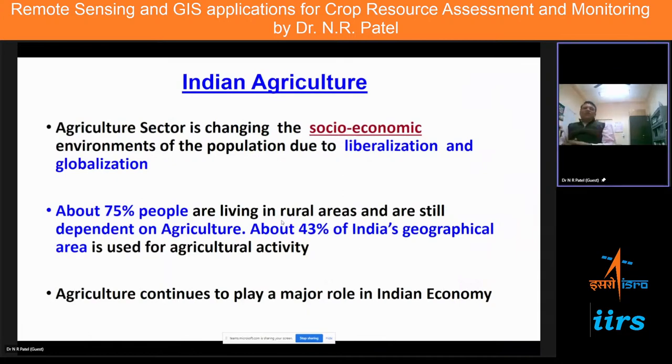So overall, about 75% of people live in rural areas and are still dependent on agriculture. 43% of the Indian geographical area is used for agriculture activity. Agriculture continues to play a major role in the Indian economy. So overall, you can see that agriculture not only contributes to the economy, it generates large employment possibility.